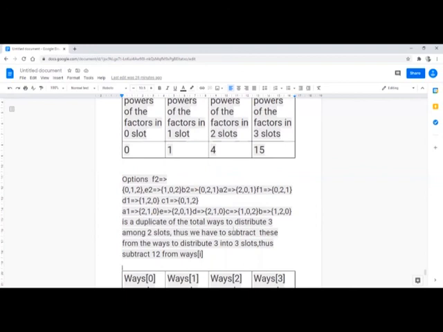Thus we have to subtract these from ways of 3 to distribute 3 items into 3 slots. Thus we subtract 12 from the total ways of 3.